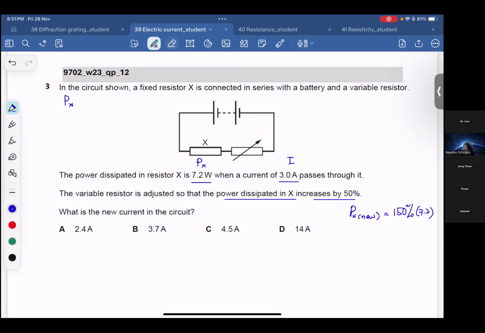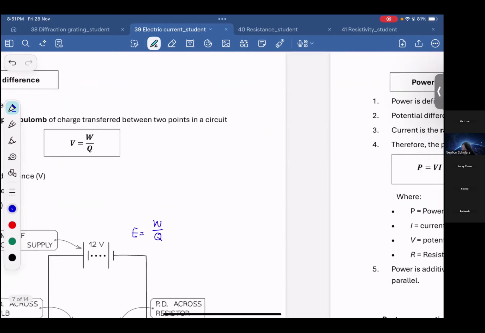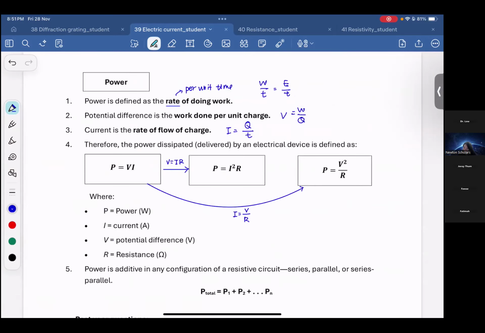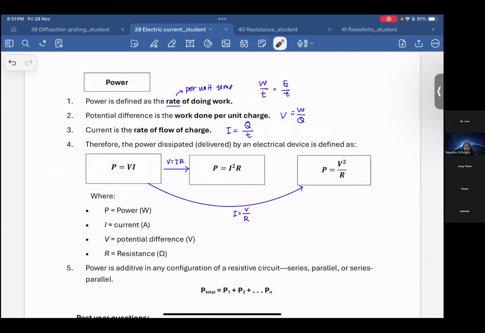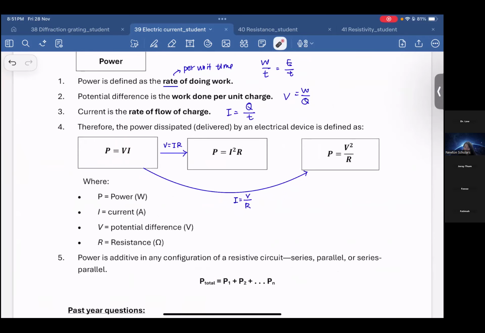Then after that, what is the new current? What is your I? How can you do calculation? Power and I. P equals to VI, P equals to I square R. Either one we can use. Which one? Is it having the same voltage or the same resistance?